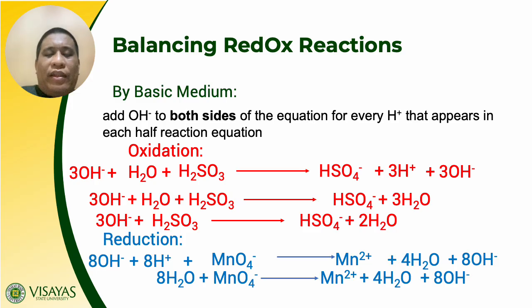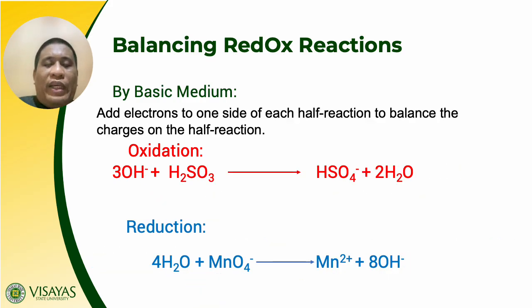We can then cancel the H2Os within the reactants and products to simplify the equation as shown. So we have 4 moles of H2O and 1 mole of permanganate ion to form manganese 2 plus and 8 OH minus, or 8 moles of hydroxide ion.